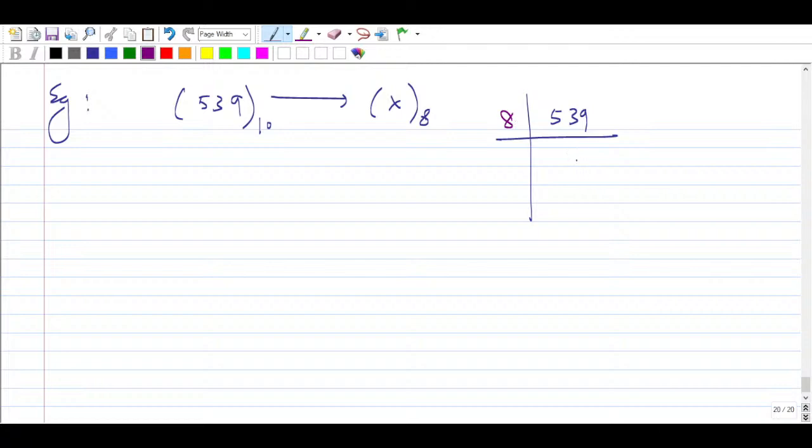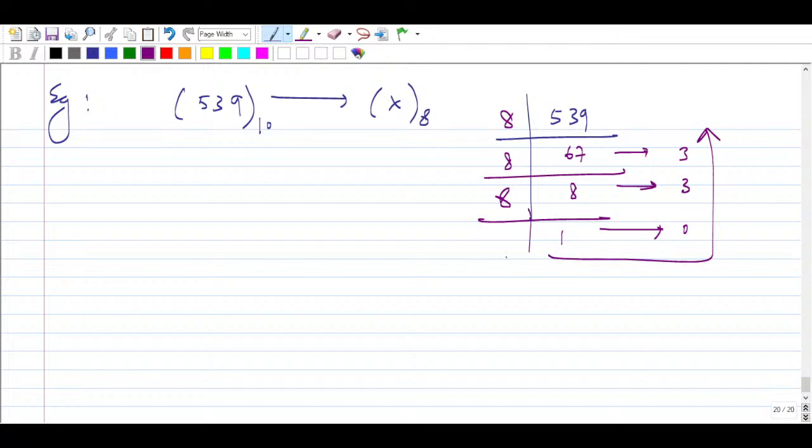Collect the remainders, 3, and so on, until the quotient is 0, and collecting them you get 1 0 3.